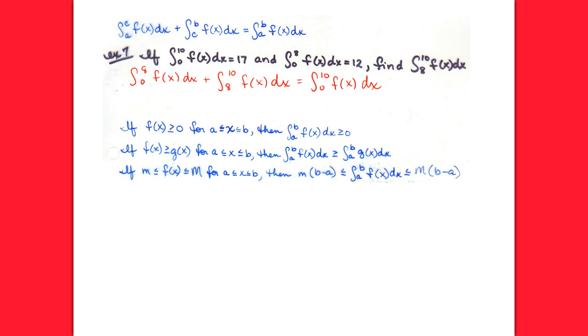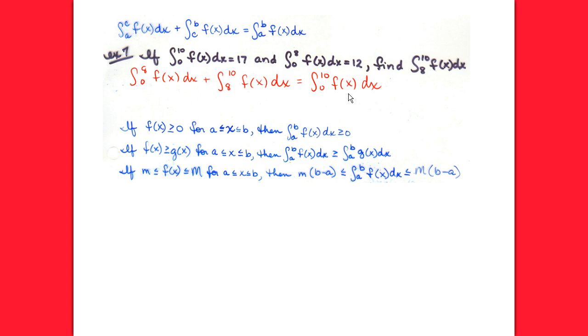The integration from 0 to 8 of f of x plus the integration from 8 to 10 of f of x would have to be equal to the integration from 0 to 10 of f of x. If I start at 0 and go to 8, pick up at 8 and go to 10, that has to be equal to 0 to 10.